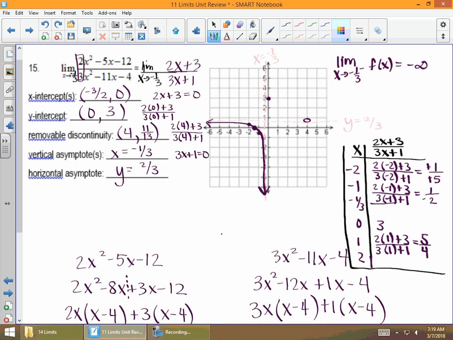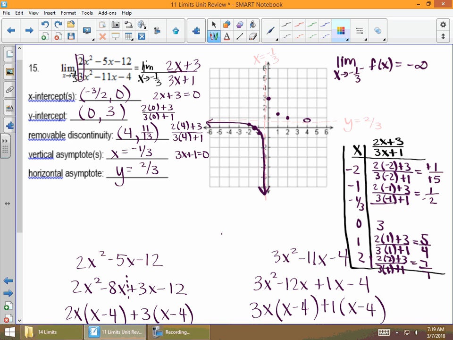So 5/4. So over 1, up 1 1/4. And if I put 2 in, so 4, 5, 6, 7, and 3 times 2, 6, 7 over 7. So I have the 0.21 there.